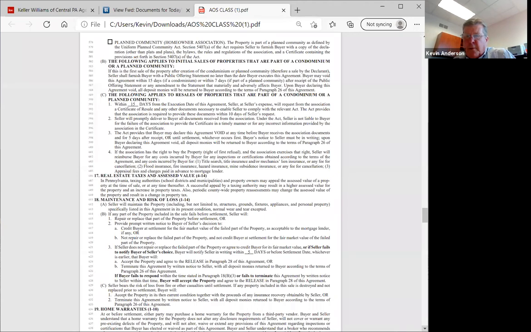If any property included in this sale is destroyed and not replaced prior to settlement, the buyer has two choices: accept the property in its then current condition, together with the proceeds of any insurance recovery obtainable by seller. Did you know that was in there? Or terminate this agreement by written notice to the seller with all deposit monies returned to the buyer according to paragraph 26.